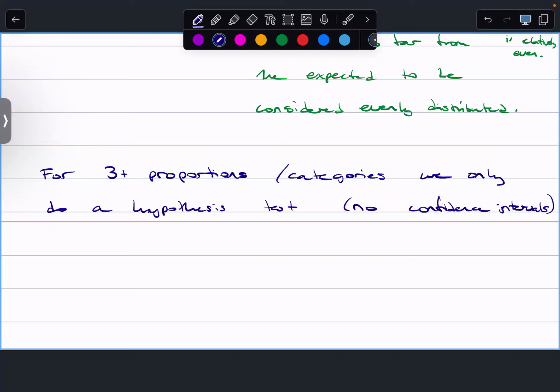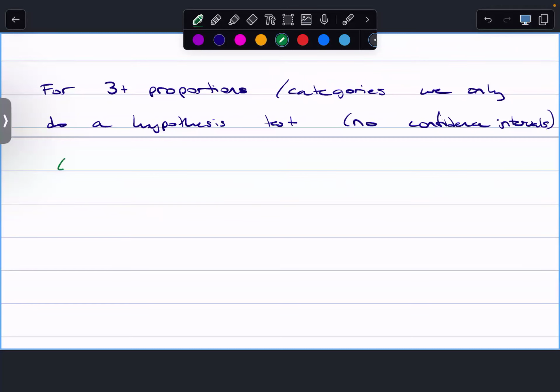Well, let's talk about the conditions first, get those out of the way. The conditions for a chi-squared test, which is what we're about to do. The chi-squared test is a hypothesis test. That's what the test comes from.